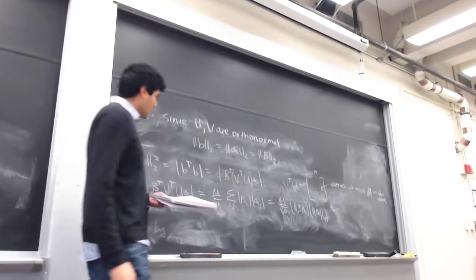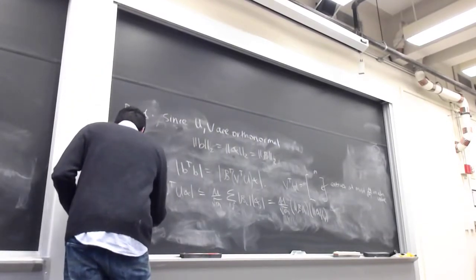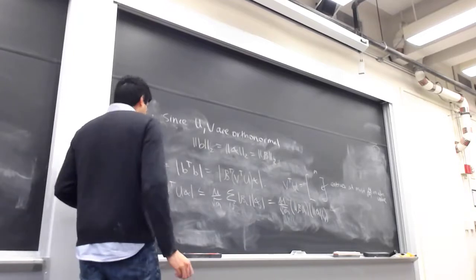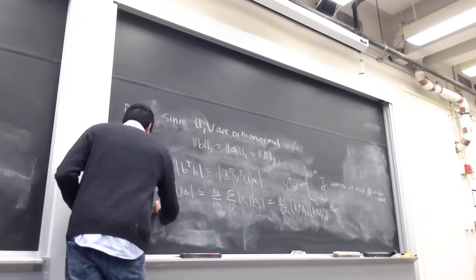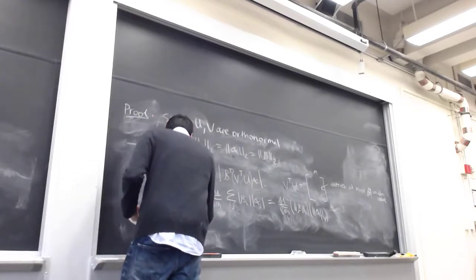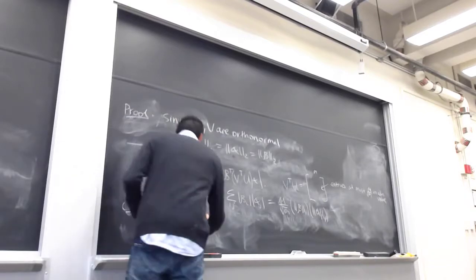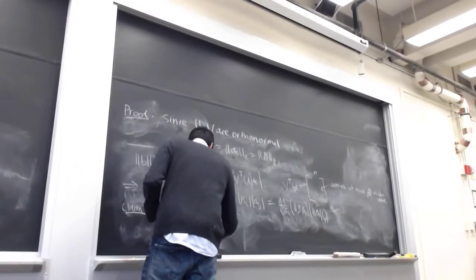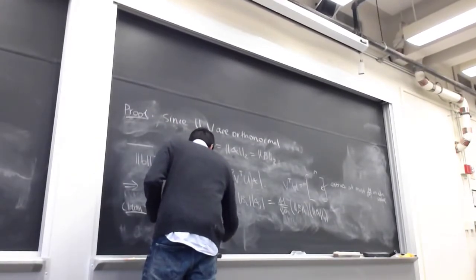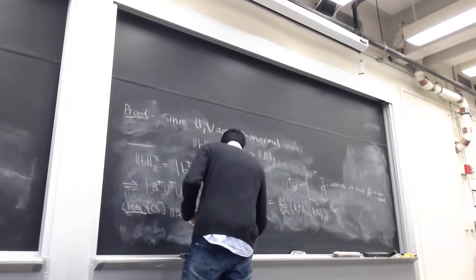Now we're in good shape because what I claim, it just follows from Cauchy-Schwarz, is that the 1 norm of alpha is at most root the number of non-zeros times its 2 norm.